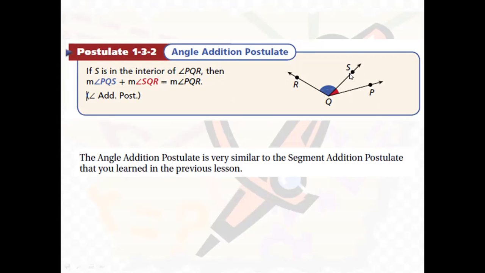So if S is inside the angle PQR, then angle PQS and SQR, which they have shown by this red and the blue marks, okay, this red part and the blue part added together is equal to the measure of angle PQR.